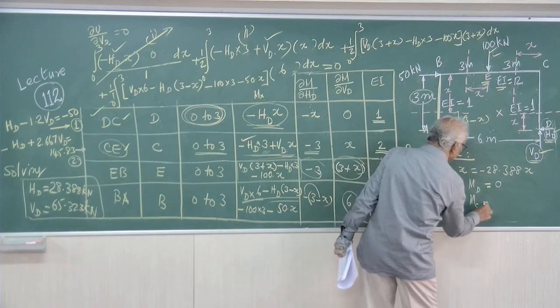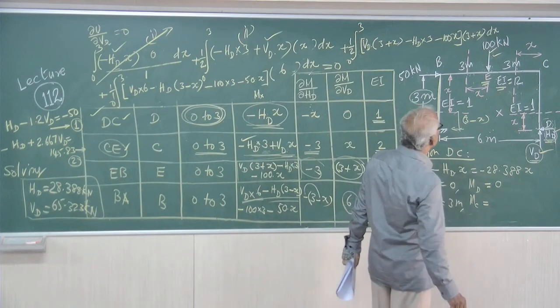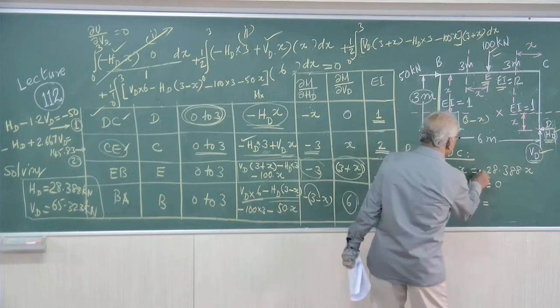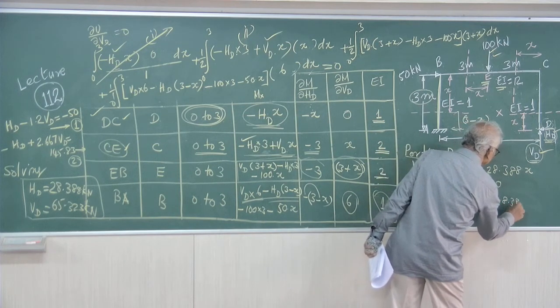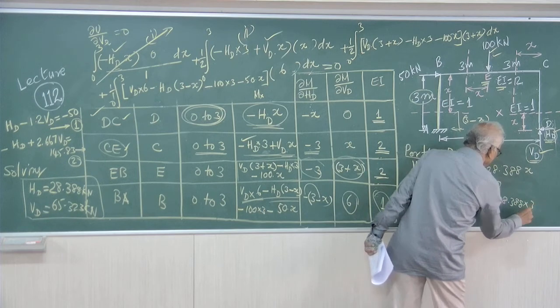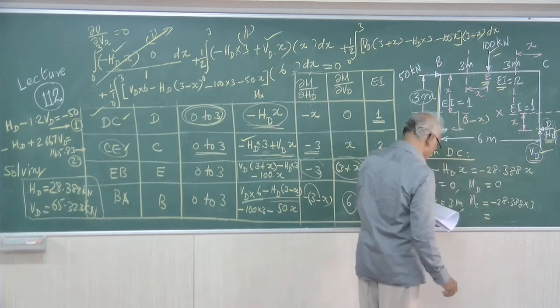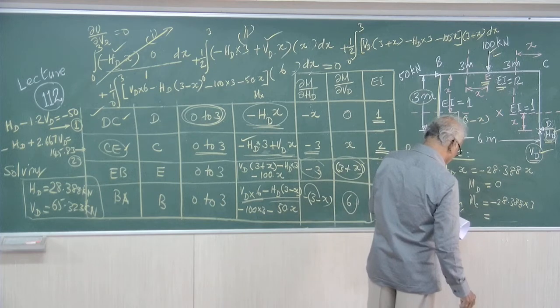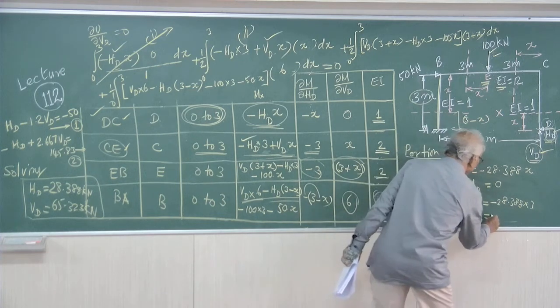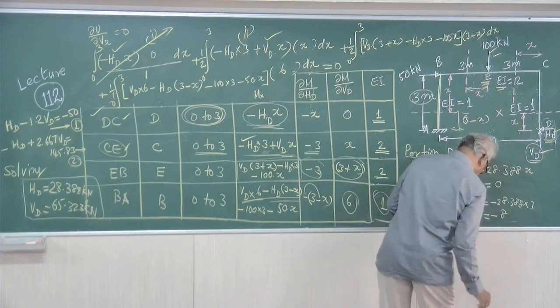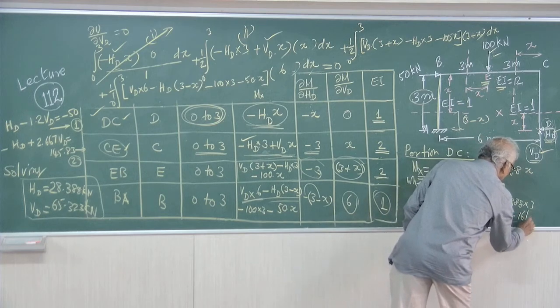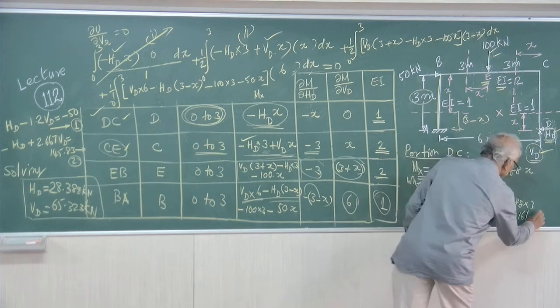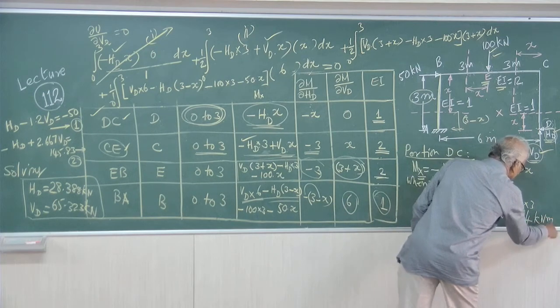So, MC equal to minus 28.388 into 3. So, that is equal to minus 85.164 kilonewton meter.